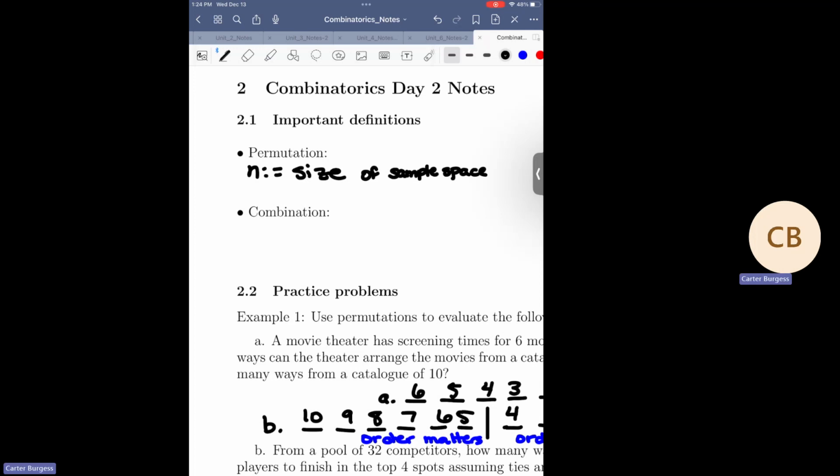R or K, you'll see one or the other. We've seen R and K can be kind of changed out for one another, which is a little bit silly, but that's fine. R is going to be the number we choose.